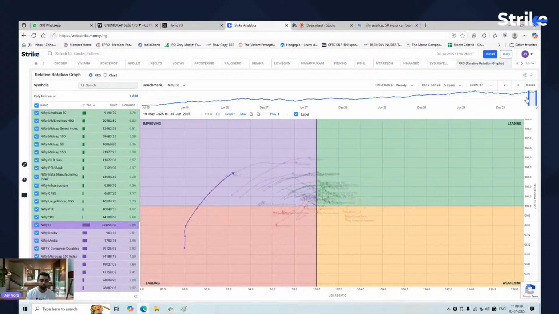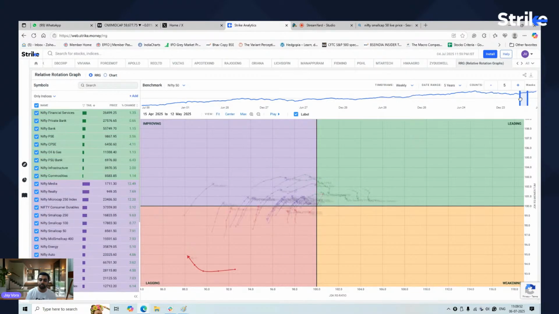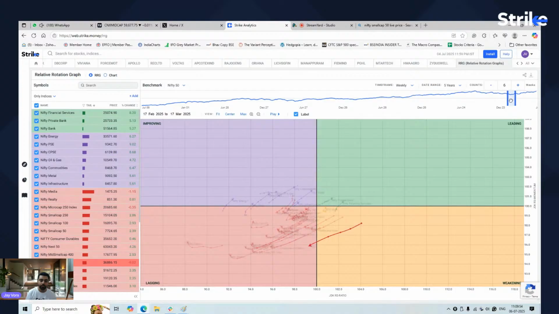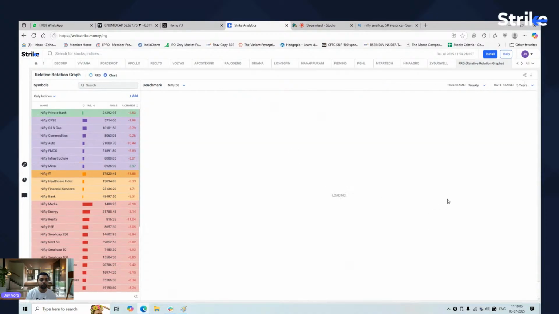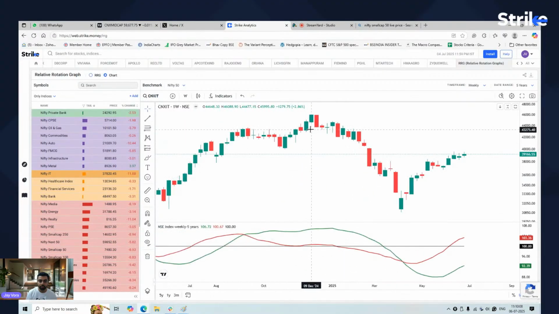Now, if I click on only IT, see how it has behaved. Okay. See, you can see over here, this is the date, that is 17.3 we are seeing on the weekly chart.